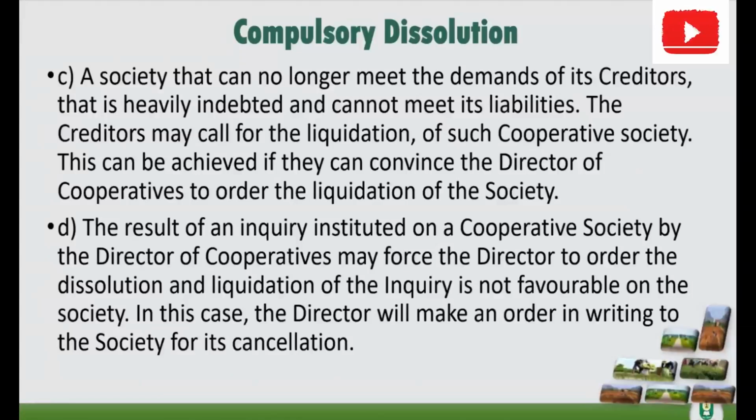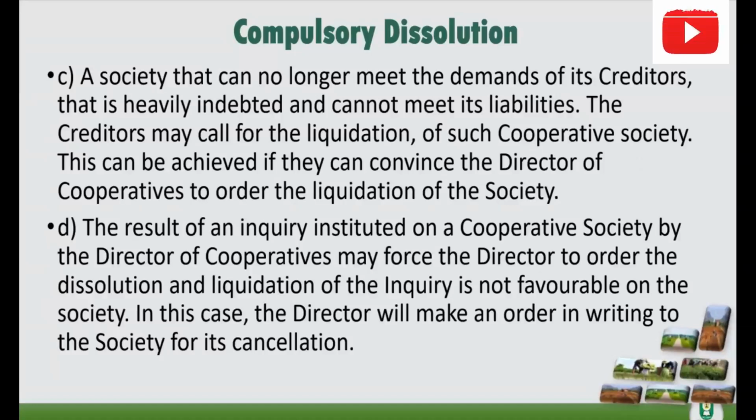The director can order the dissolution and liquidation if the inquiry recommended such an outcome. In this case, the director will make an order in writing to the society for its cancellation.